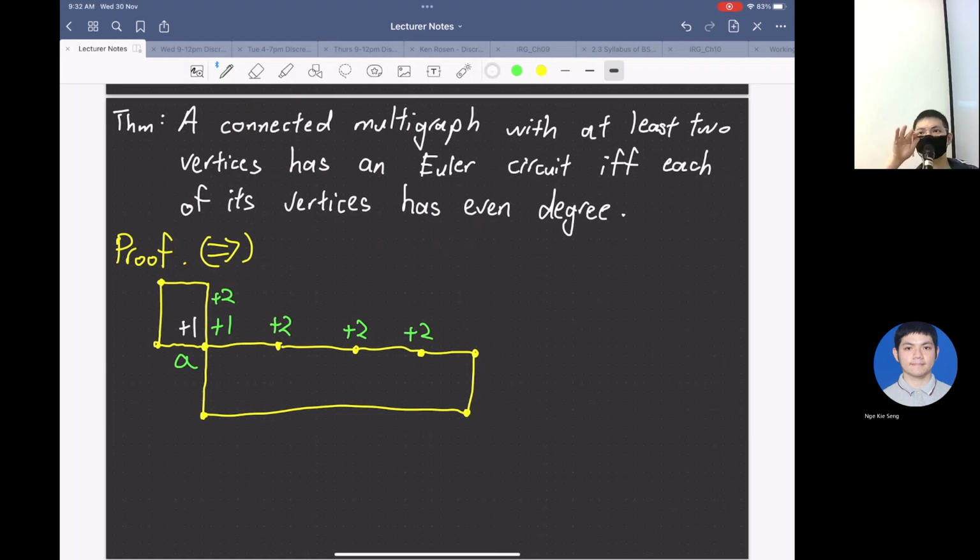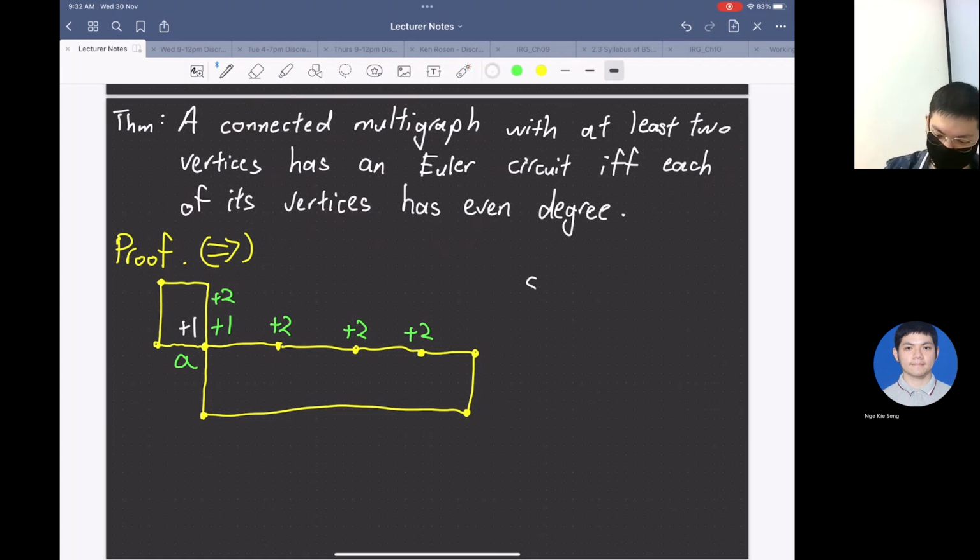You get a +1 from going out, and then a +1 from coming in. And each time you pass through a vertex, you contribute 2. So everything is even. Make sense or not? Which part doesn't make sense?